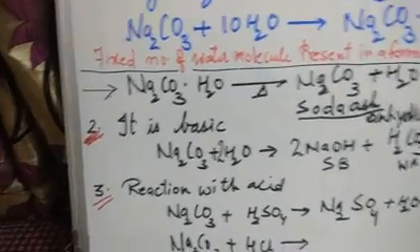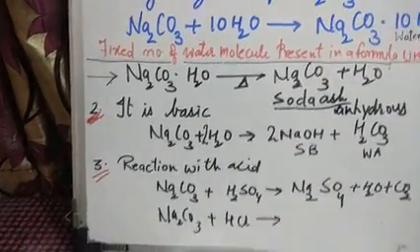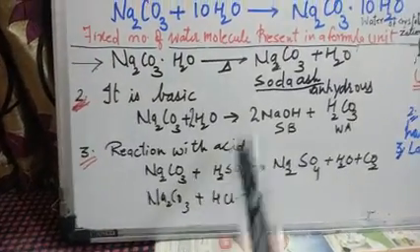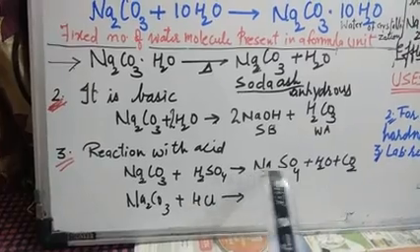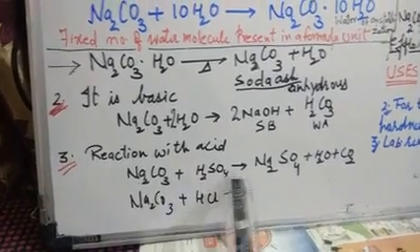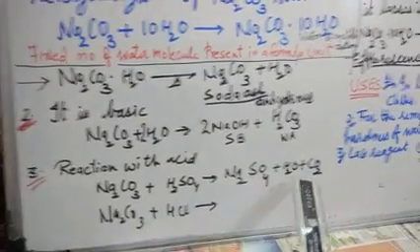Clear? So here I am telling you that when this basic salt is reacting with acid, neutralization reaction will take place, formation of salt and water. Salt is Na2SO4, H2O and CO2.